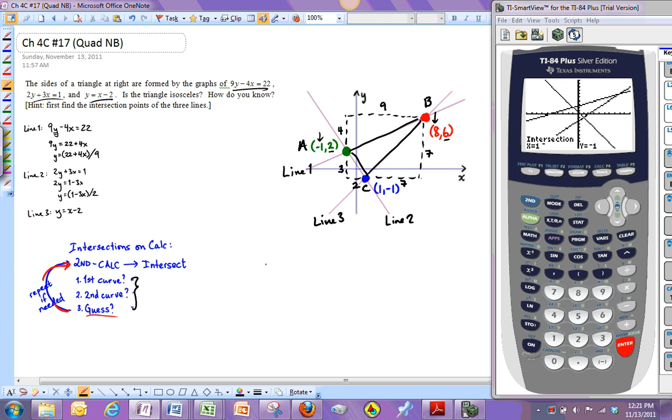So let's calculate AB's length, which is 4 squared plus 9 squared equals AB squared. So that's 16 plus 81 equals AB squared. And 16 plus 81 will be 97 equals AB squared. And then I take the square root.